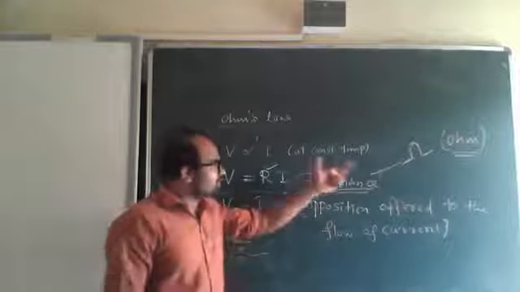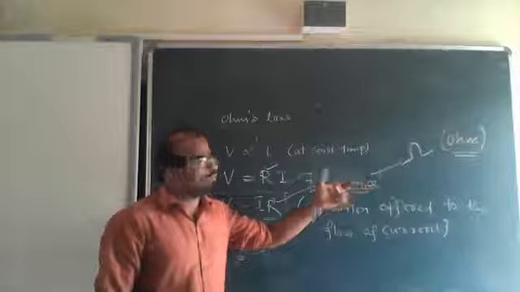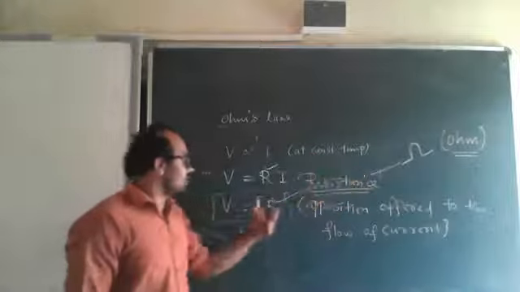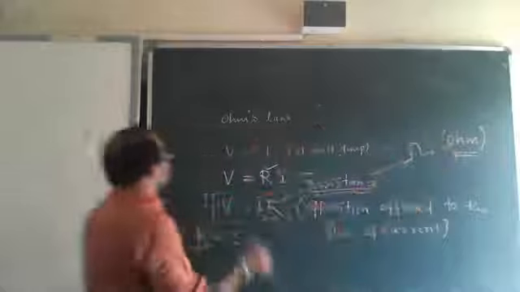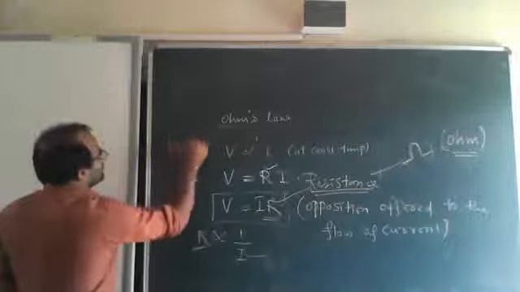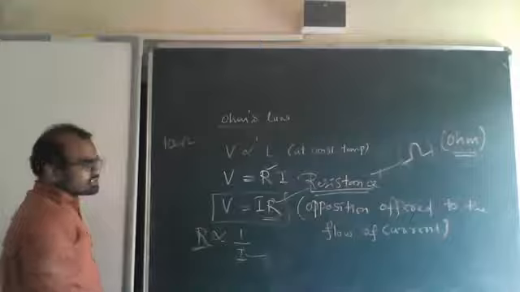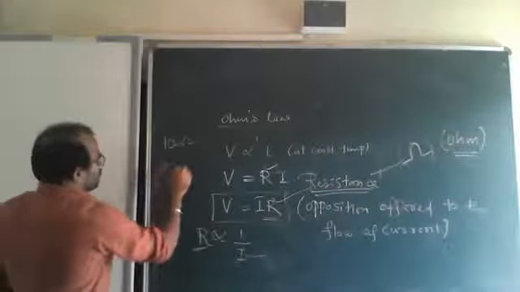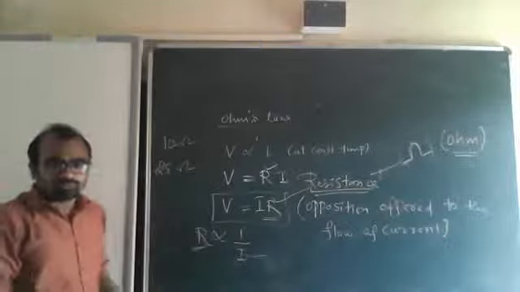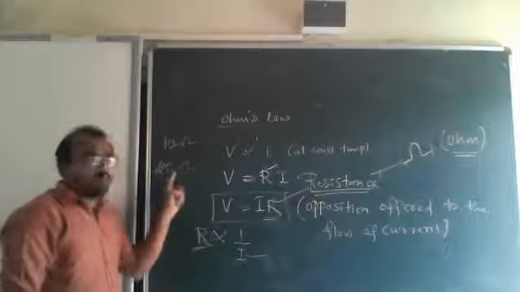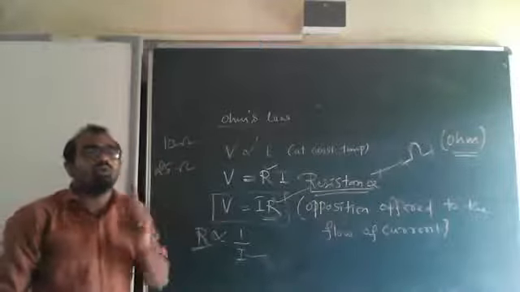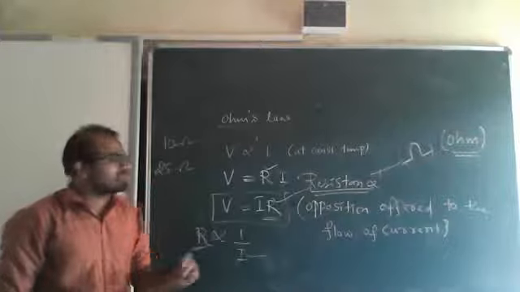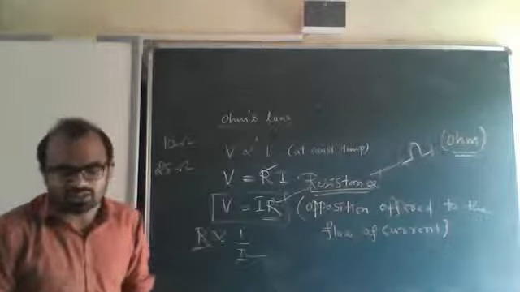So for that purpose we use ohm as the SI unit of resistance. You have to write the symbol like this. Suppose a resistance of 10 ohm, you have to write 10 ohm like this. Suppose a resistance of 25 ohm, 25 ohm has to be written like this. This is called ohm, and it should be pronounced as ohm.